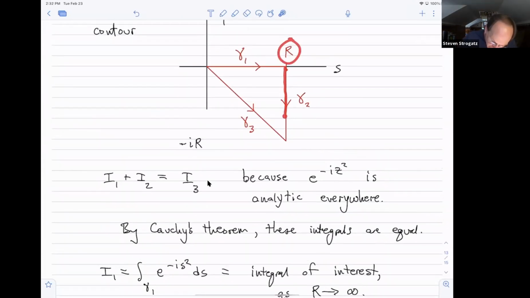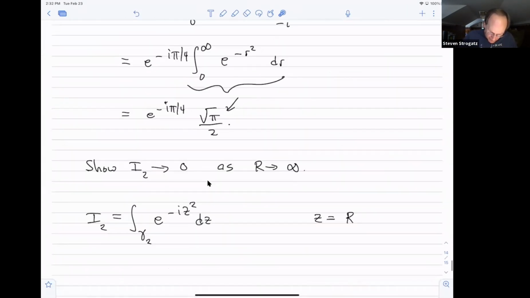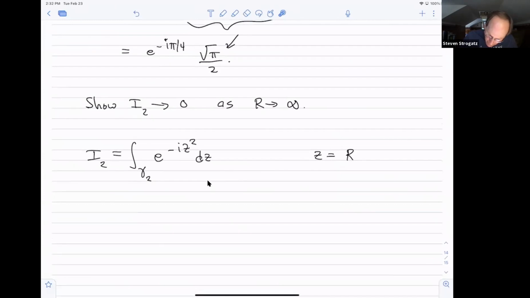So I'm staying at a constant r, but I'm descending in y. So I could write it as z equals r minus iy, where y goes from 0 out to infinity. Well, I really should be going out to r, but I'm going to then take r to infinity momentarily. So anyway, do that.